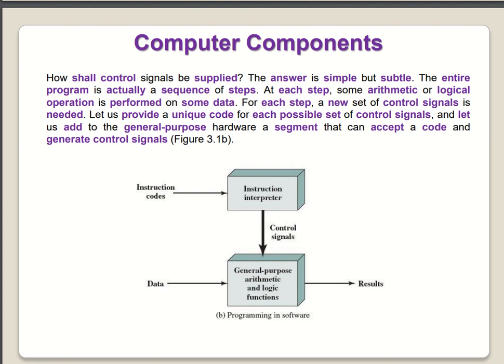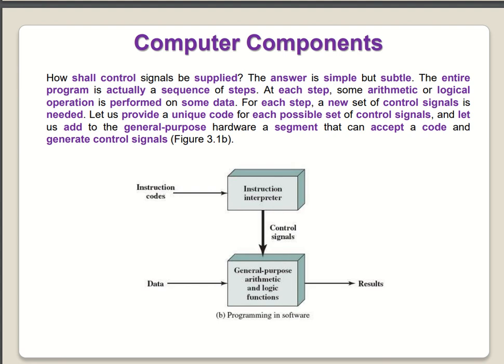How are the control signals going to be supplied to the general purpose arithmetic and logic functions component? Actually, your program is a sequence of steps. Every step will have some specific action, with different arithmetic and logical operations.